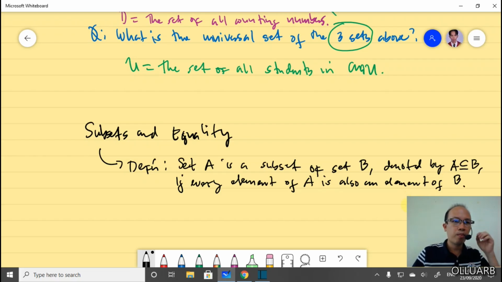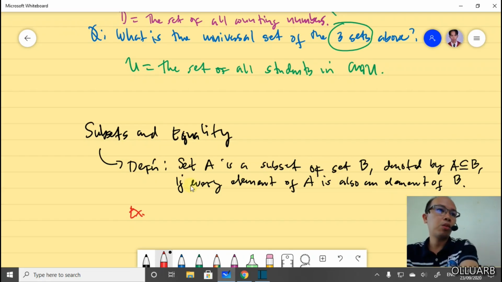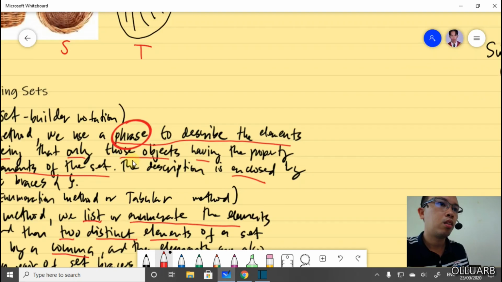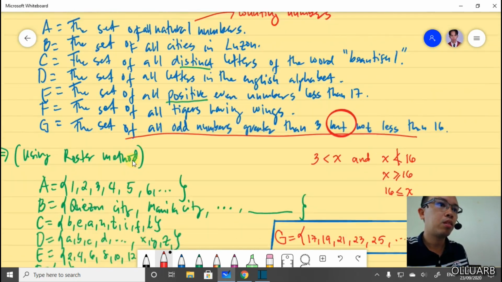Okay, so for example, just look at your previous examples like this one.